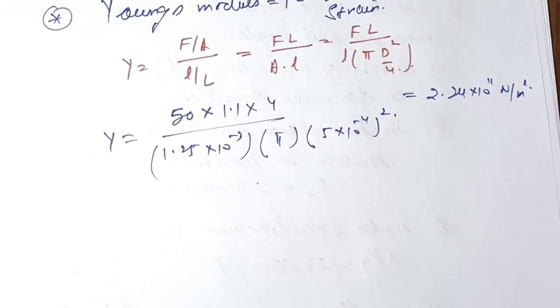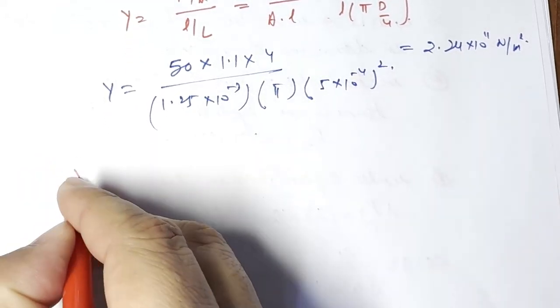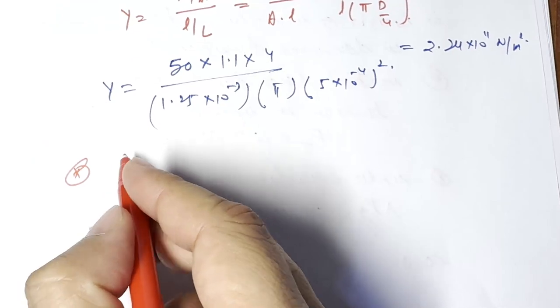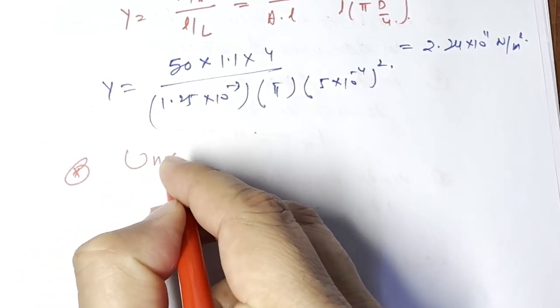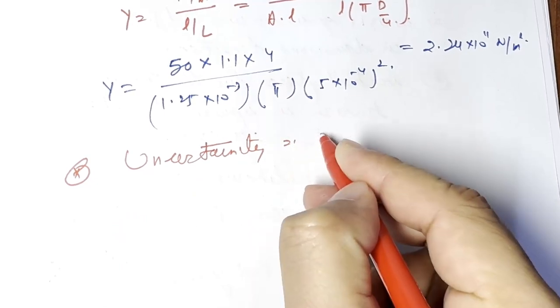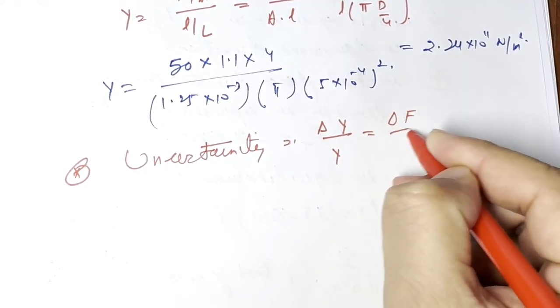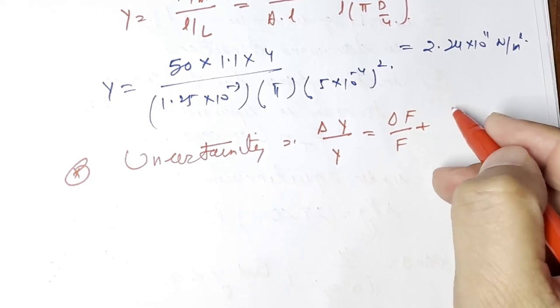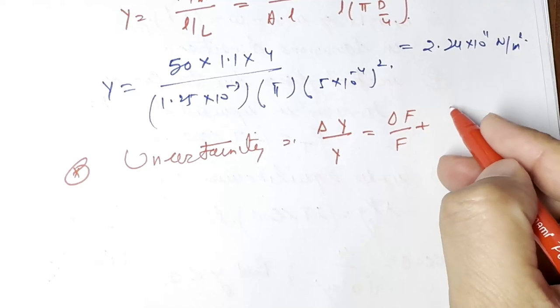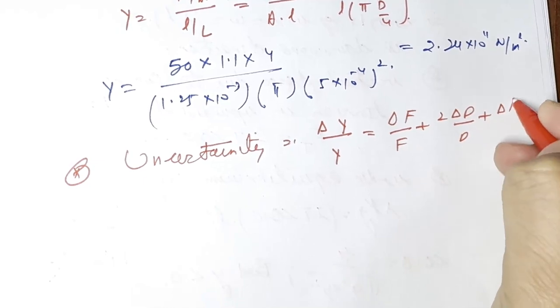Now we are going to find out the maximum possible error, or we can say the uncertainty, in the value of Young's modulus. Delta Y upon Y will be equal to delta F upon F plus 2 delta d upon d, plus delta l upon l.